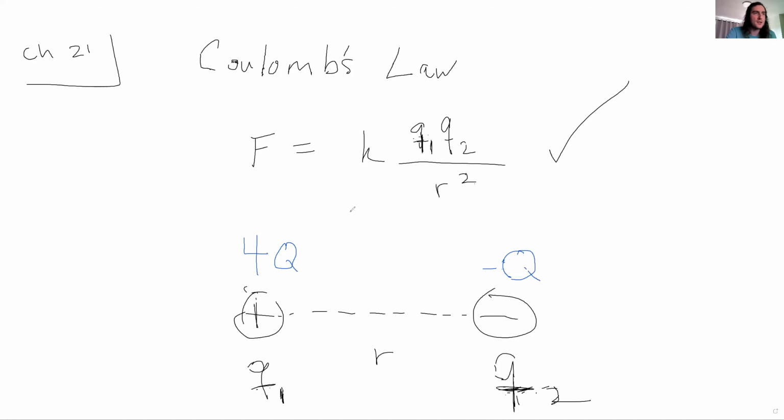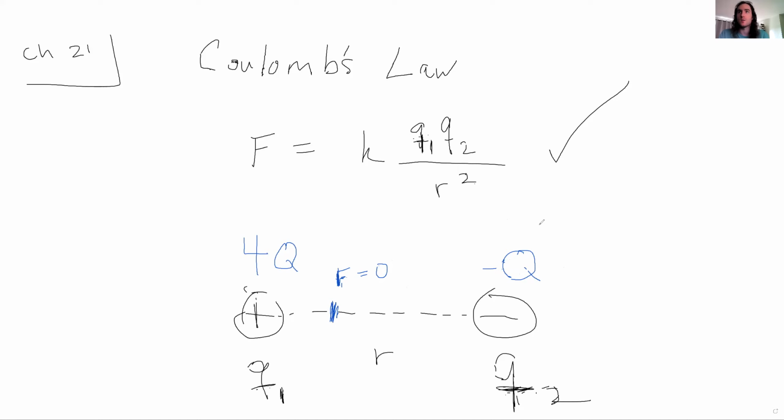This charge on the left is 4 times as big as this charge on the right. And we might ask, okay, where in the center here is the force going to be equal to 0? So we might say F equals 0. Somewhere in the middle here, where is that point where F equals 0?